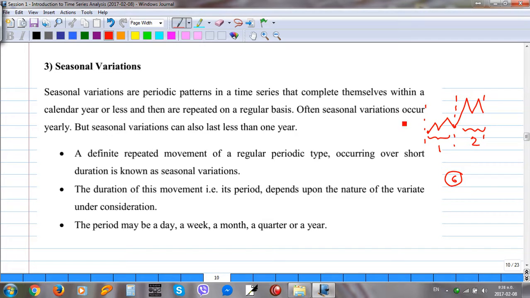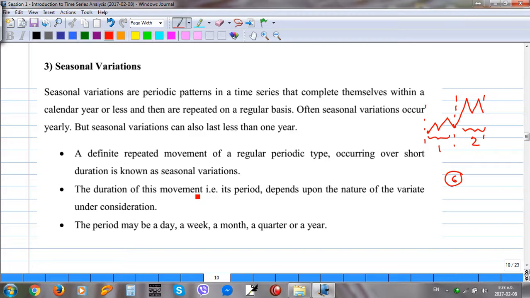A definite repeated movement of a regular periodic type over a short duration is known as seasonal variation. If it is a short period of time, it is categorized under seasonal variation. If it goes beyond 30 years, it goes to cyclic variations.